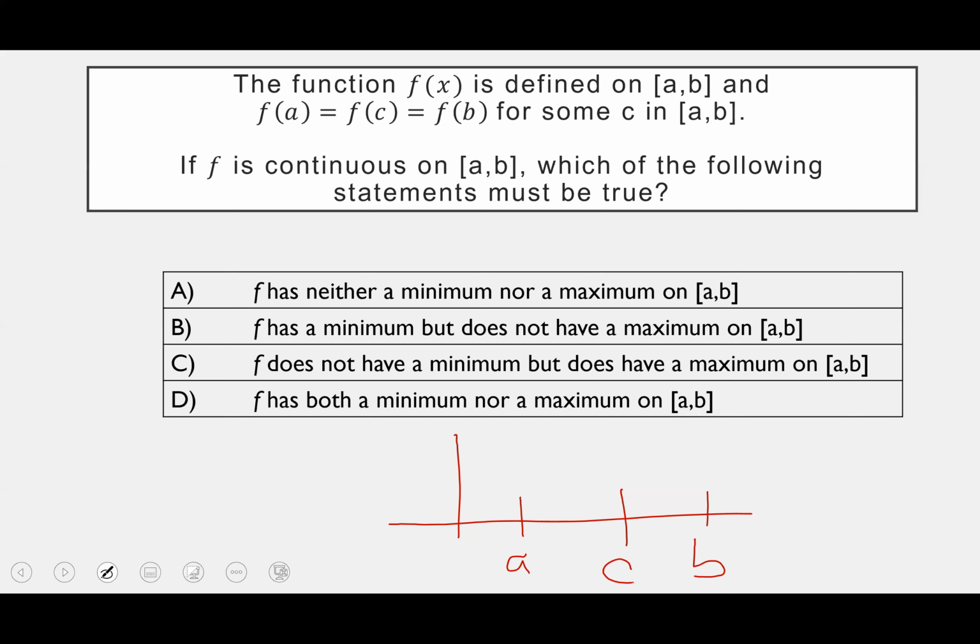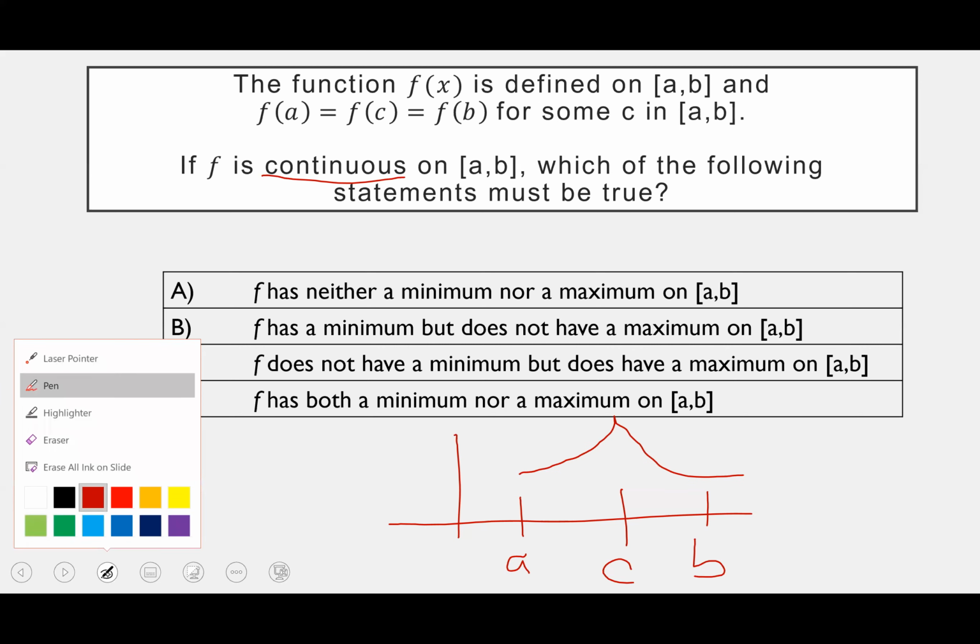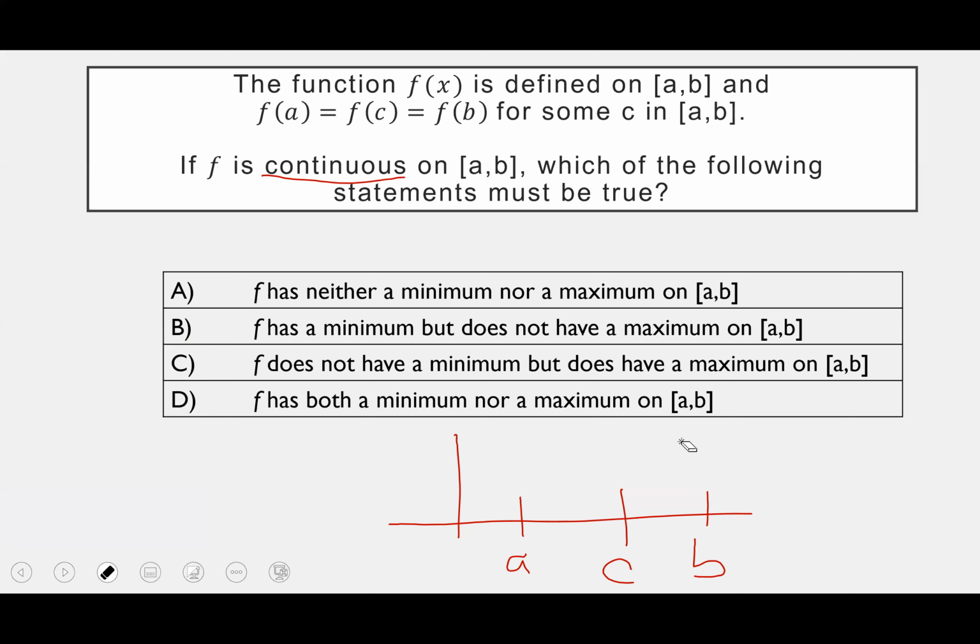I'm going to draw a couple options that would still work if we are continuous. So I could do this. I could do this. I could curve, so do something like this. All of these are possible because it was continuous on the interval from A to B.